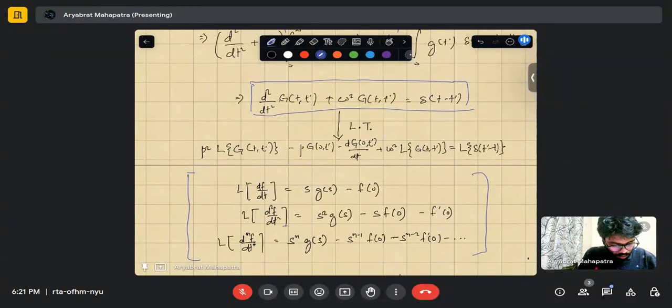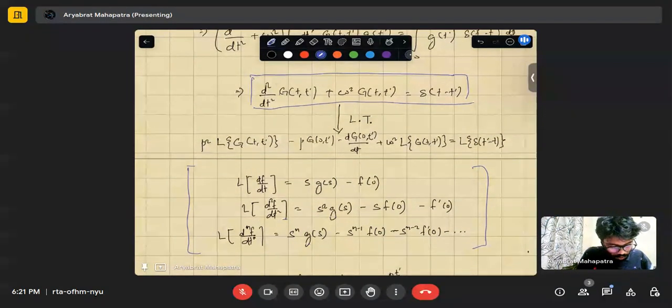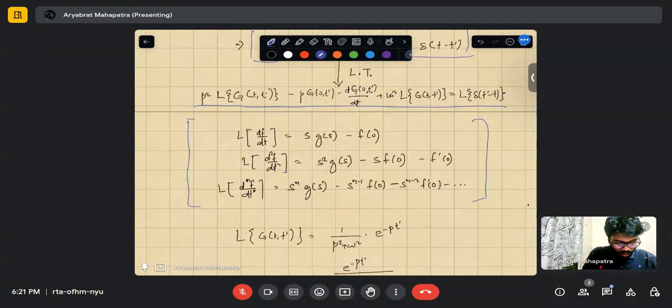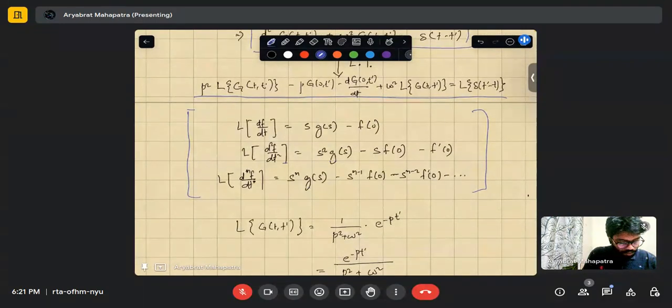So yeah, I was telling you, from here you have to find what is g. To do that, you have to take the Laplace transform. The Laplace transform of this differential equation is basically this thing right here. Again, I have given these Laplace transform properties right here.